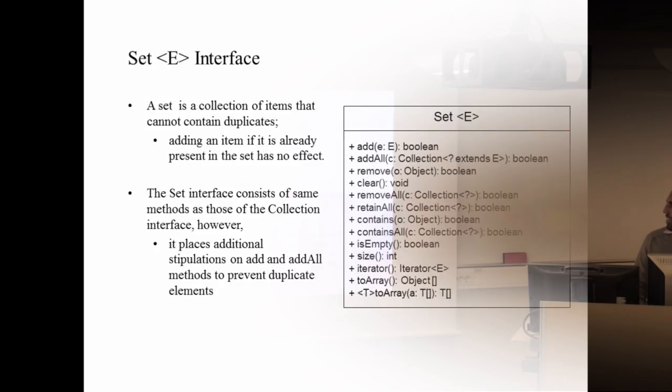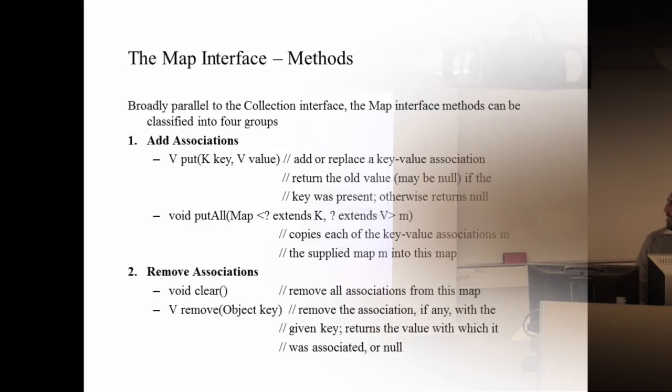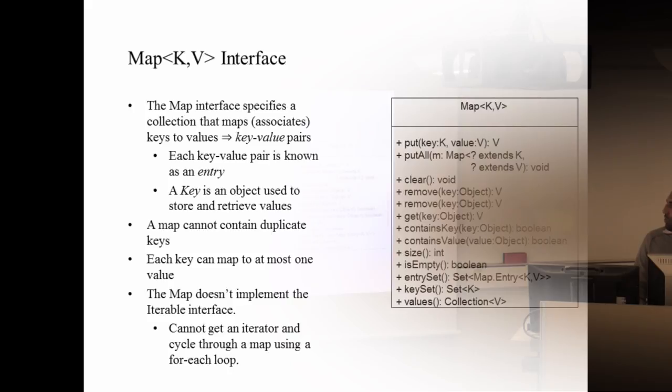Which means that you cannot get the API methods defined to traverse or visit the different elements. You cannot use the iterator method; there is no iterator method which returns you the iterator object. If you look at these methods, there are different methods like put and clear and remove, but there is no method to get an iterator.